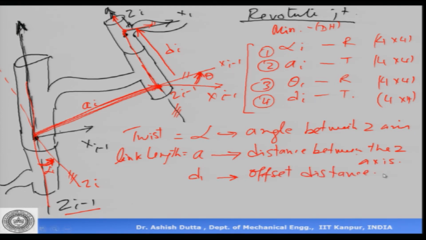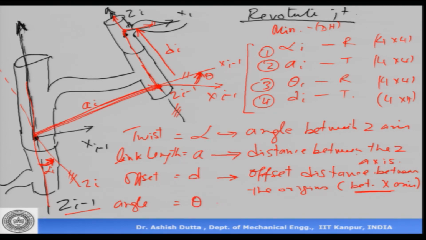The offset distance is the distance between the origins, or the distance between the x axes x i and x i minus 1. So, the offset distance is the distance between the origins of the two frames, and this is called the link offset. When we say link offset, we mean the distance d i, and the last one is the parameter theta, which is called the link angle.